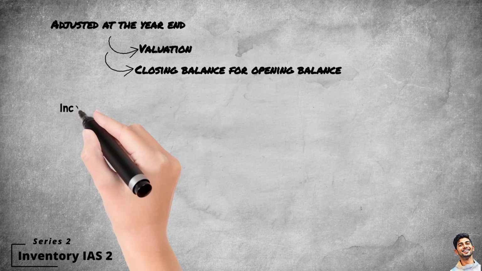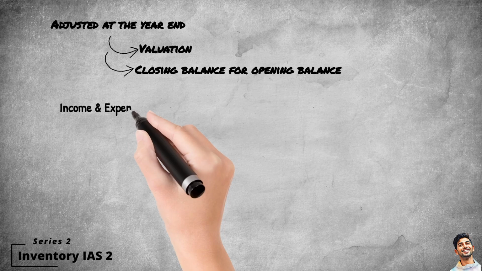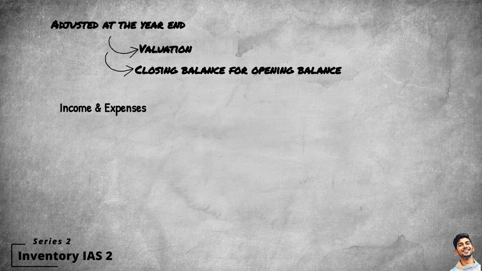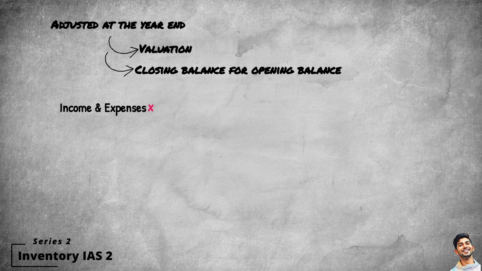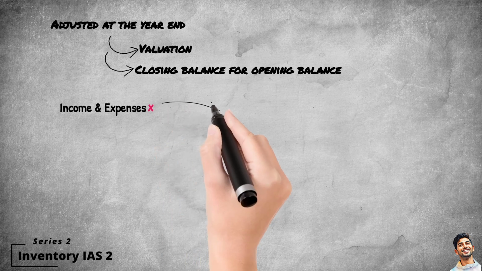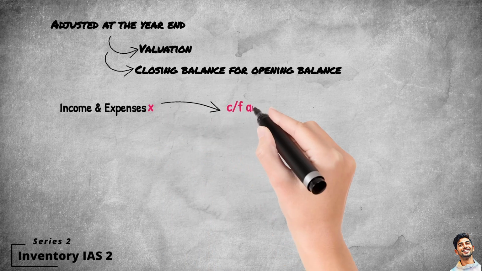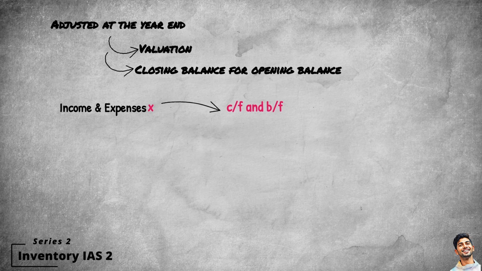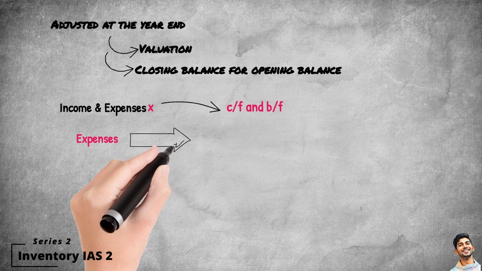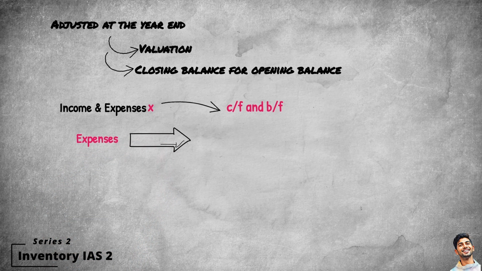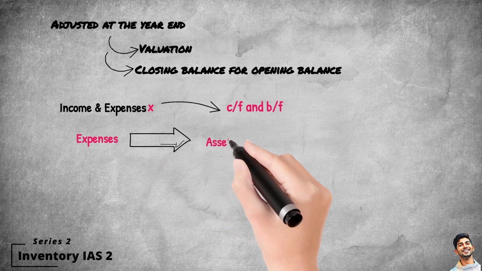As we discussed earlier, income and expense accounts do not carry forward into the next year. So, inventory adjustment helps convert part of the expense into an asset at the year end. Expense into assets.